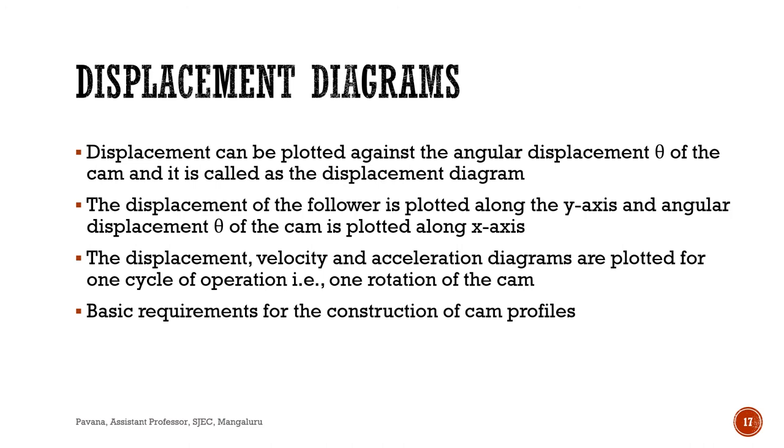So whatever diagram we draw is for the complete 360-degree rotation, not for only 90 degrees or only 180 degrees. A displacement diagram is for the entire 360-degree rotation of the cam. That means one full cycle, one full rotation of the cam.